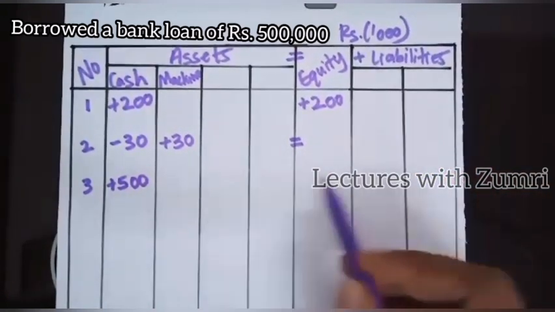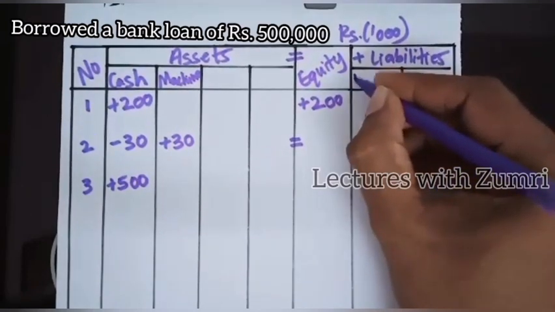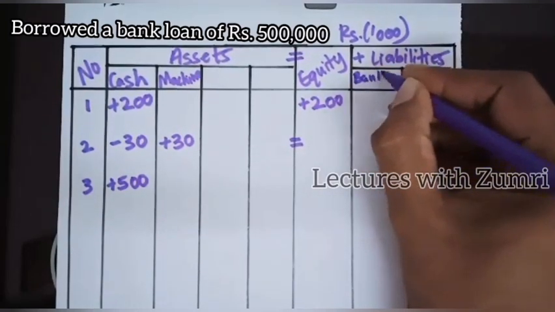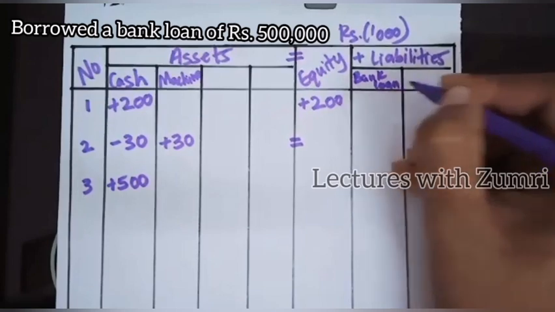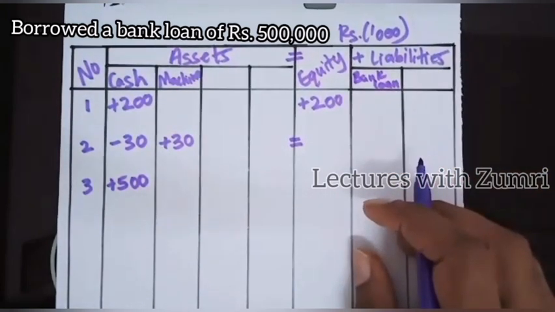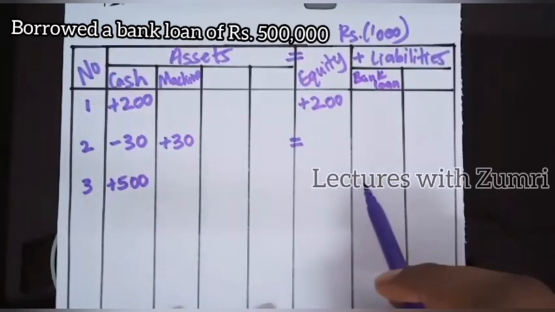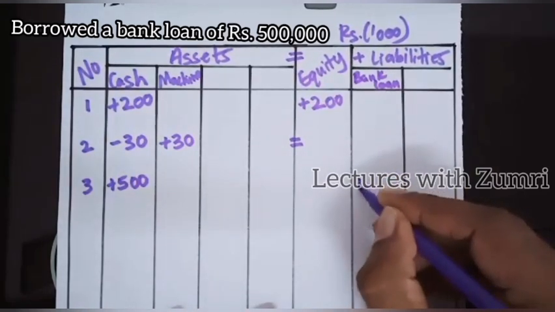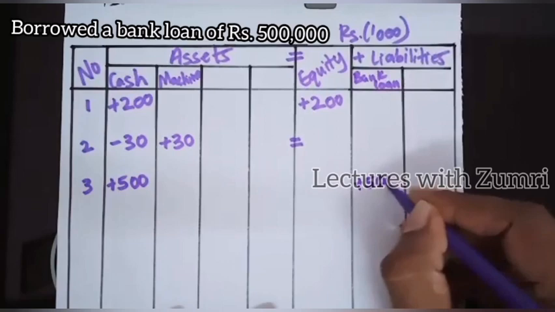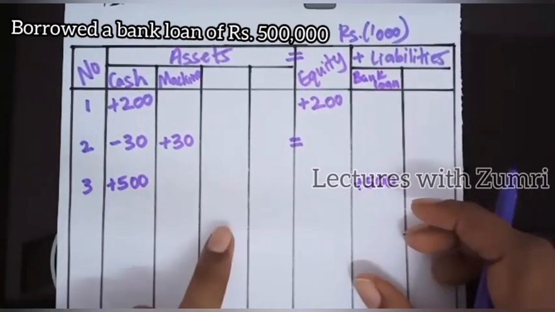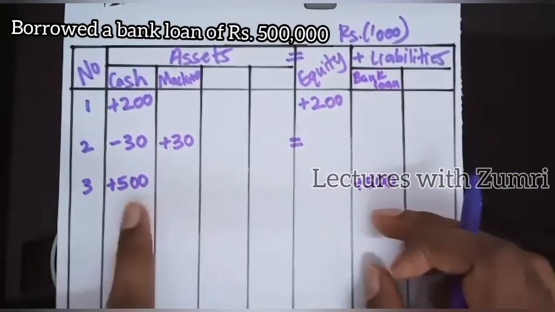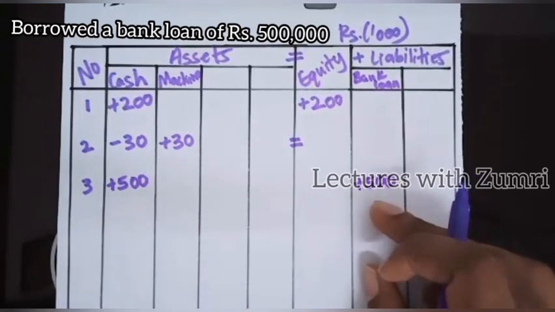So we have to open a column for bank loan first of all, right? So when we borrow a loan, what happens? Our liabilities will be increasing because earlier we did not have a bank loan. Now we are borrowing a bank loan, our liabilities will be increasing. So you can see the equation is also equal, where we have 500 over here on the asset side and also 500 on the equity and liability side, right?